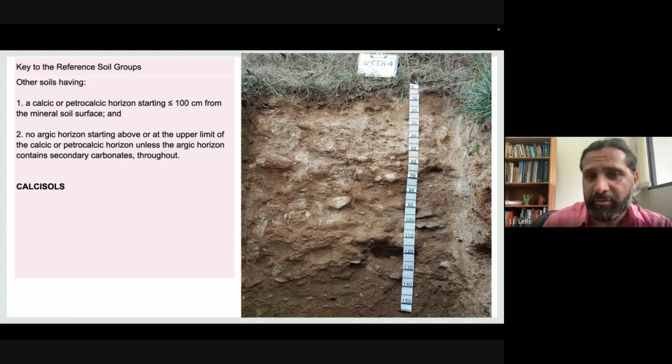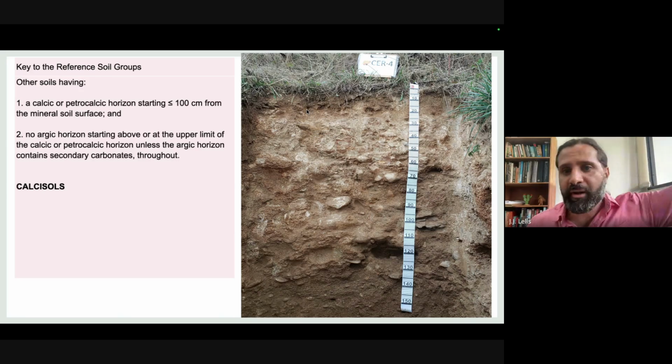In the case of the Calcisols, no. In the case of the Calcisols, we only register the calcic horizon or petrocalcic horizon. What is at the surface is not a mollic horizon, is not a chernic horizon, it should be any other kind of thing. It could be a nudic horizon, could be a hortic horizon, could be any other kind of diagnostic horizon, but definitely it is not a chernic or a mollic horizon. So this is the difference between Chernozems, Kastanozems, and Calcisols.